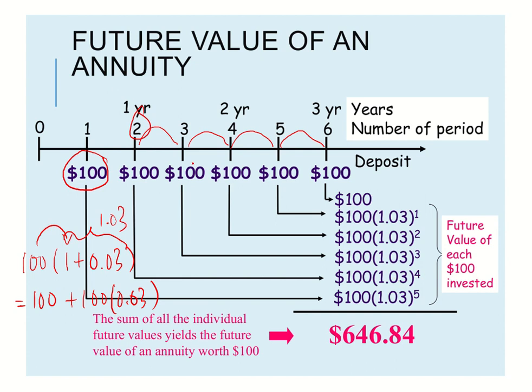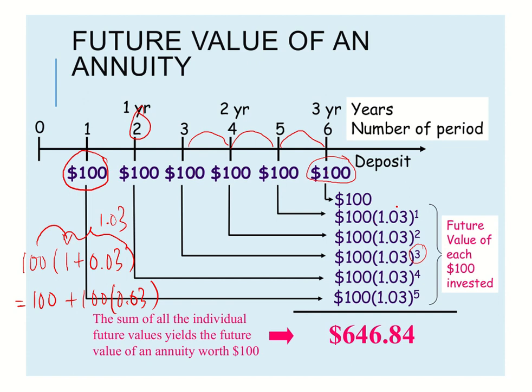Then another 6 months, you have another $100, and this $100 generates 3 times of interest: 1, 2, 3. Therefore, you have 1.03 to the power of 3. We can do this repeatedly, and for the last payment, because it's at the end of the 6 months, the last $100 does not have any interest generated.